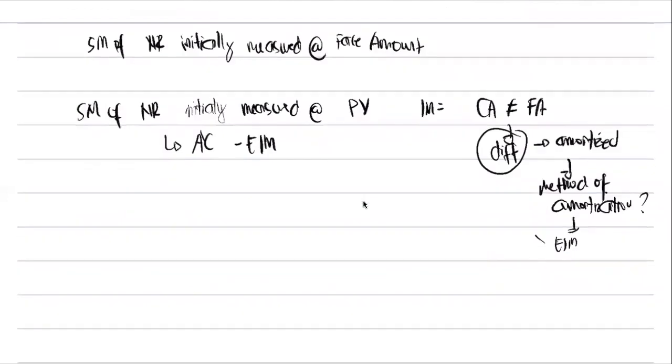So how does your effective interest method work? This is our main model in using the effective interest method. We call this your amortization table.